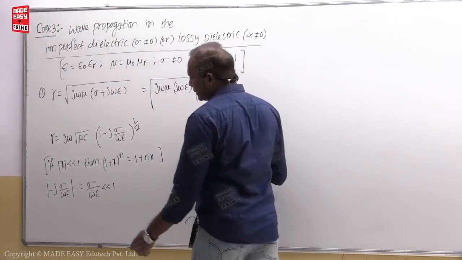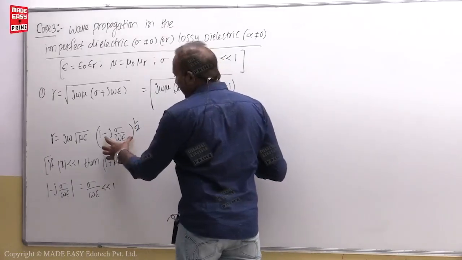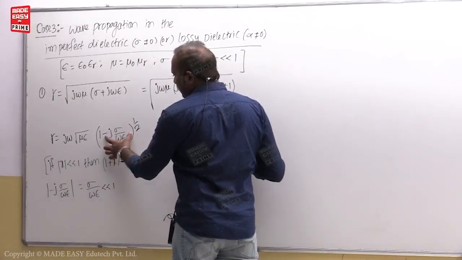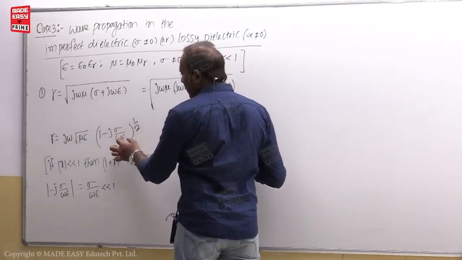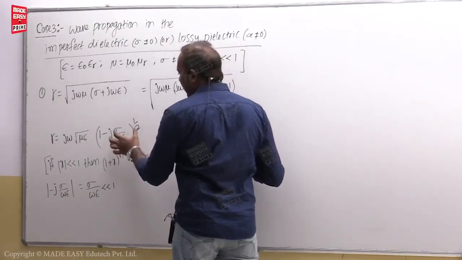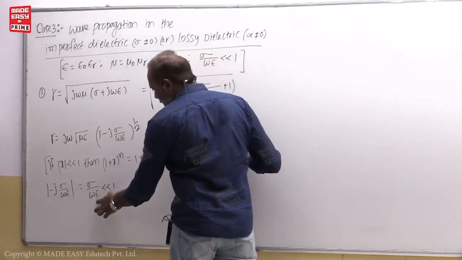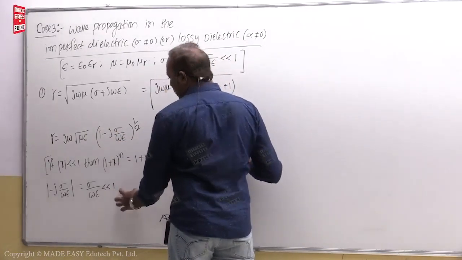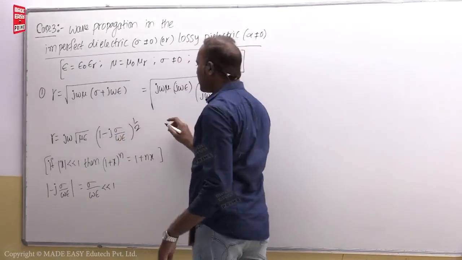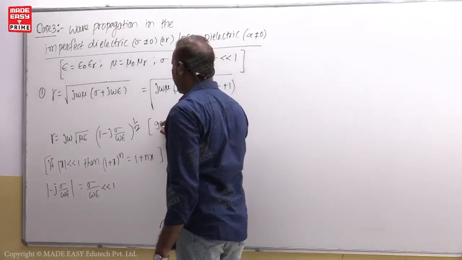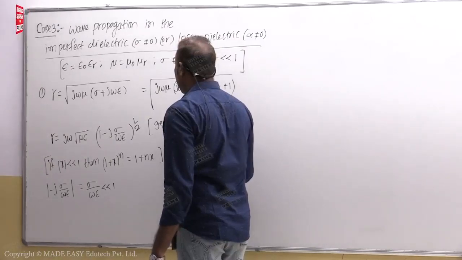That means if you take this as x, then it becomes 1 plus x, where x is minus j sigma by omega epsilon. Then the modulus of x is much less than 1 for dielectric medium. This is the general equation.